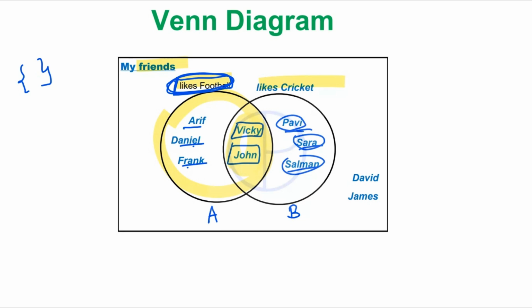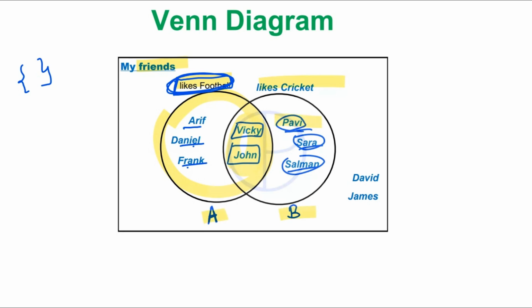So we will call this circle to the left A, and this circle to the right B, because I'm going to talk a little bit more beyond the Venn diagrams. A Venn diagram is a diagram that helps us visualize logical relationships between sets and their elements.